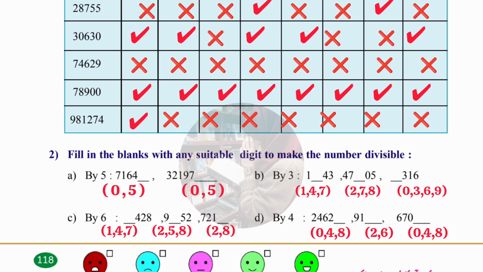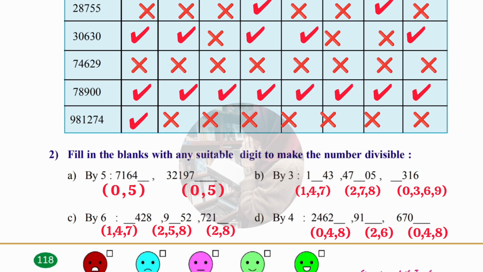Let's see the second one, which is divisible by 3. The given three numbers should be divisible by 3. What is the rule for divisibility of 3? The sum of digits should be divisible by 3. If you sum 1 plus 4 plus 3, which is 8, 8 is not divisible by 3. If you add 1, 4 or 7 for this number, it is divisible by 3.